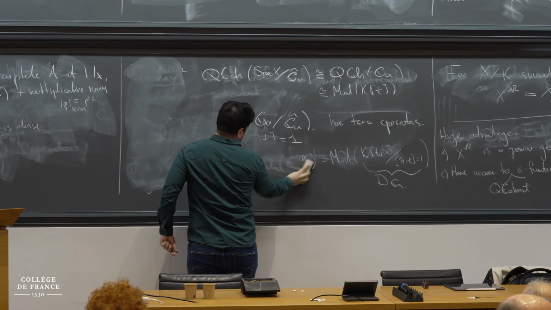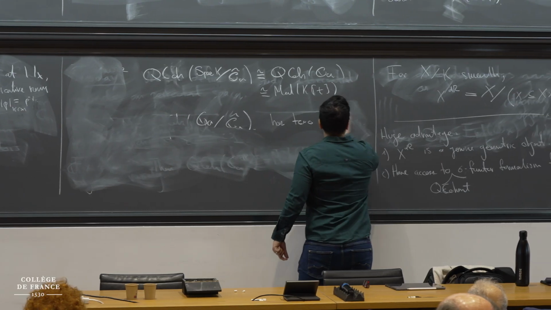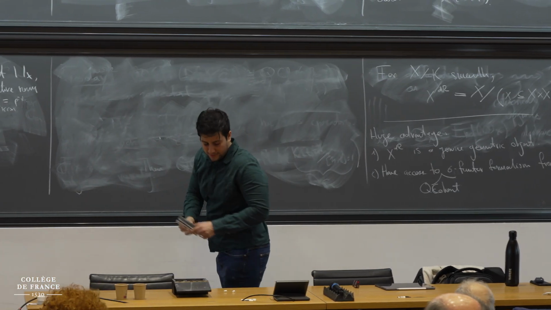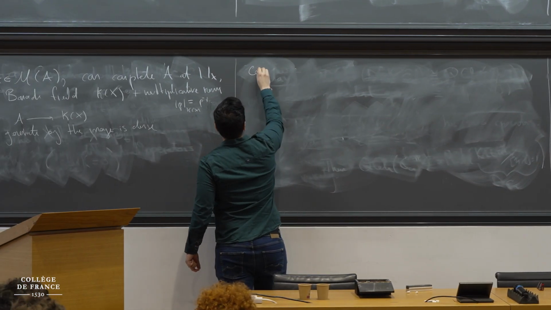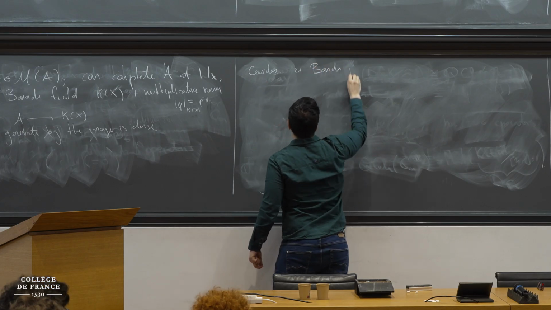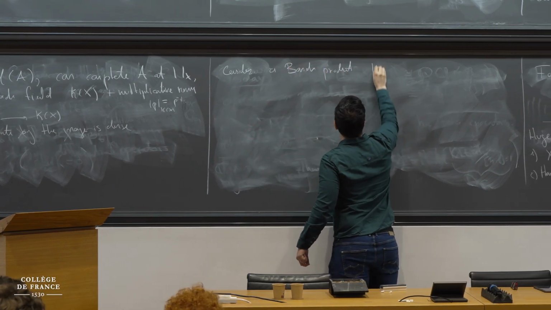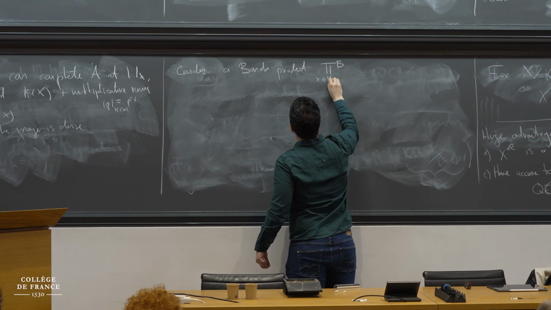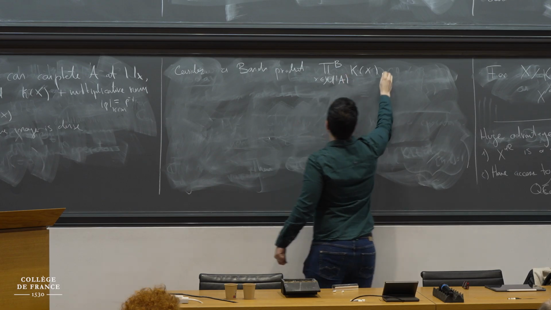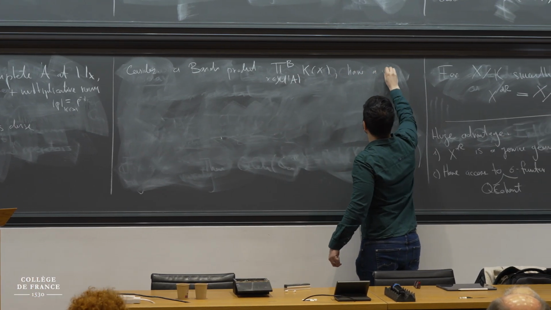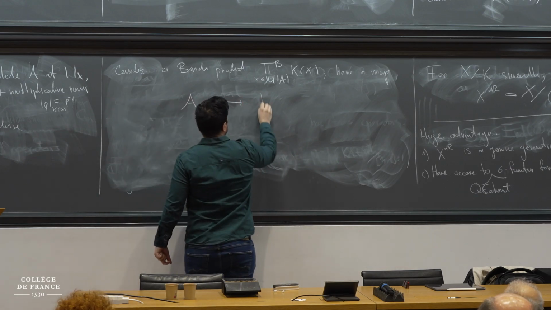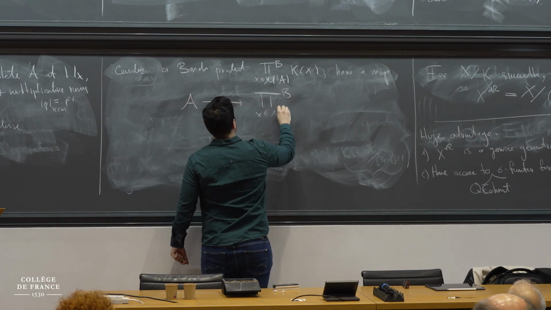So after you have normalized the norms such that this happens, you can make a Banach product of these guys and have a map from this guy to all this Banach.